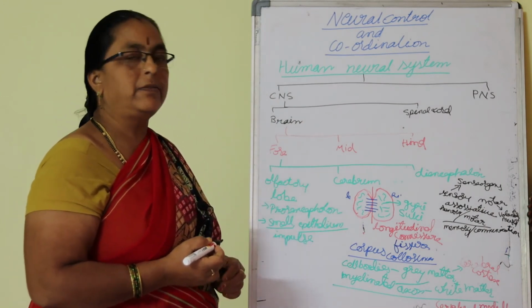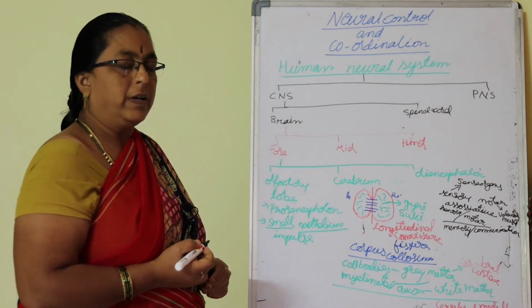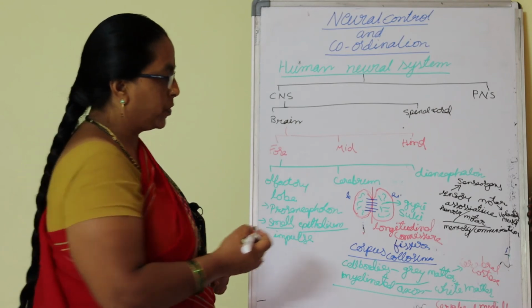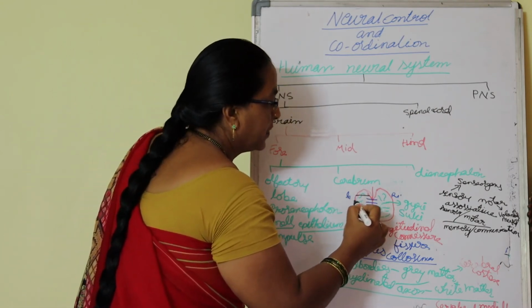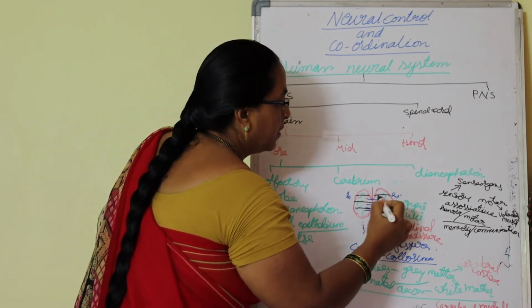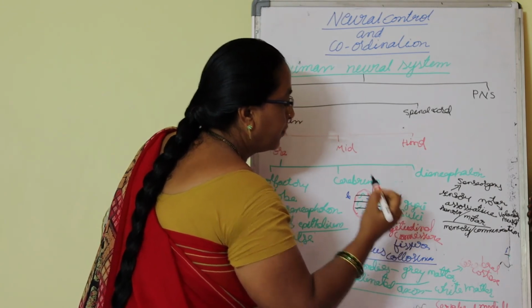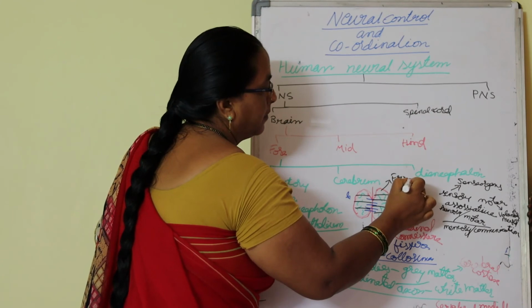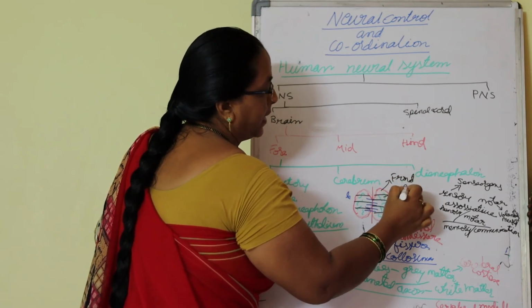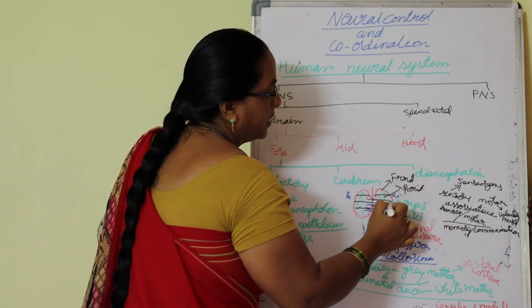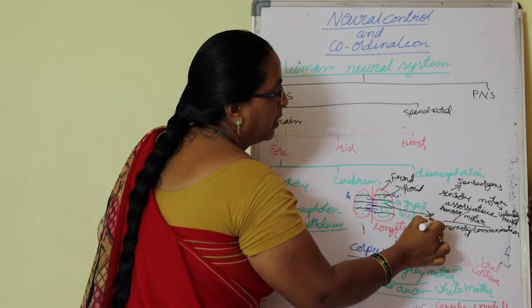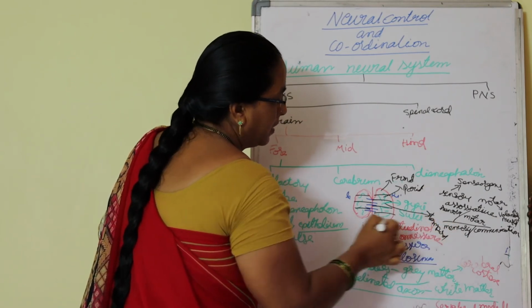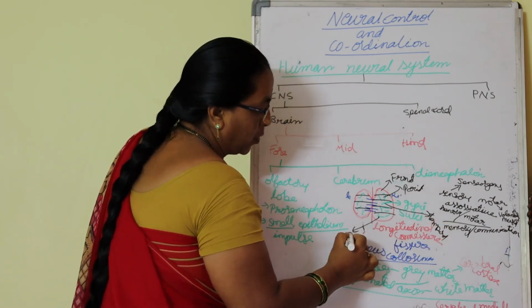Another division is into four lobes. The first lobe is frontal, second parietal, third temporal, last one occipital.